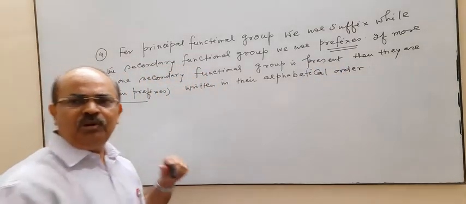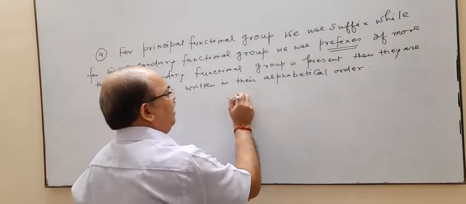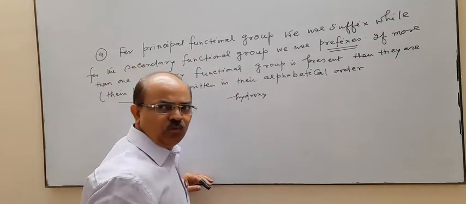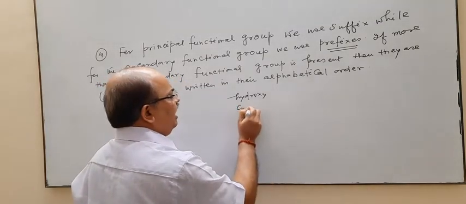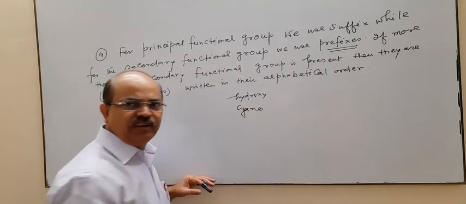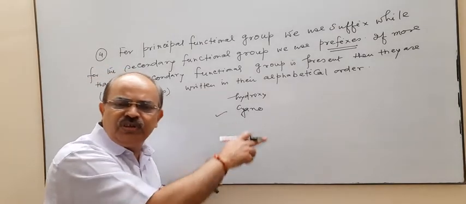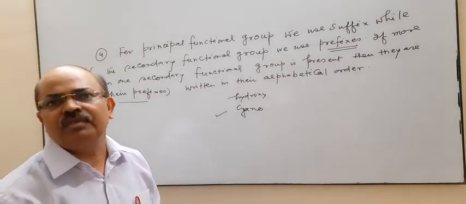For example, if we have hydroxy as a secondary functional group, and cyano is also a secondary functional group, then cyano should be written first, then we use hydroxy.